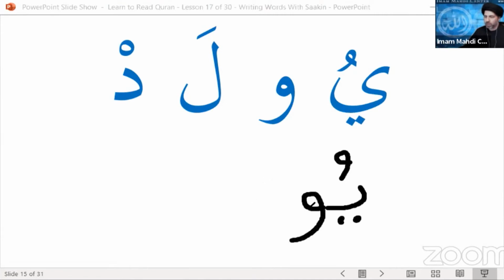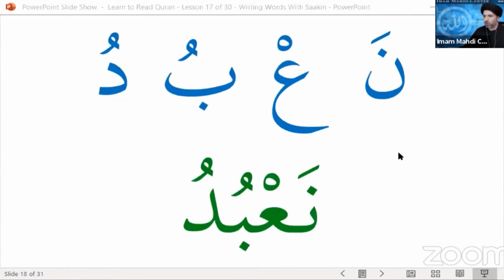Now we're going to write the second syllable. And the waw, of course, does not connect on its left, so we have to leave a space. You write the lowercase lam with its fatha, as you see up here, and then the dal, which has the sakin. So the second syllable is pronounced lad. This is you lad.